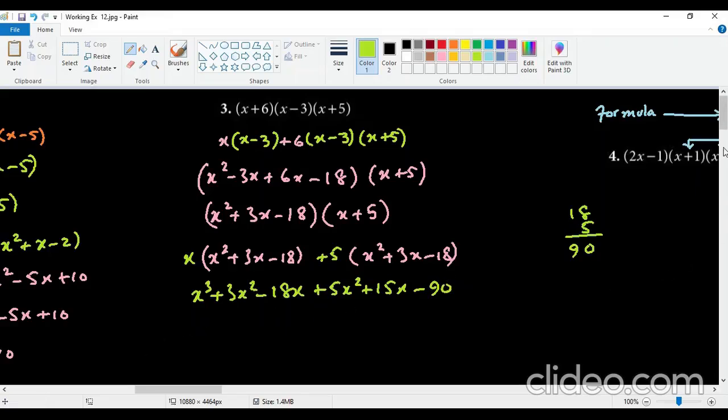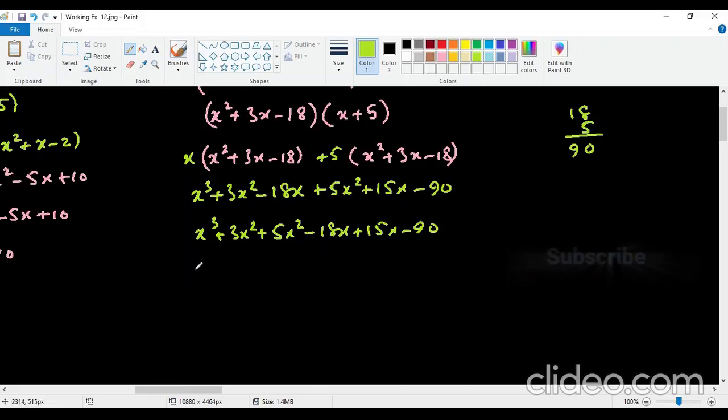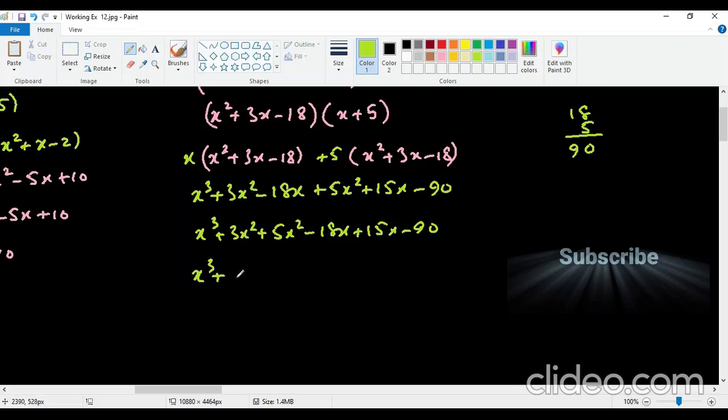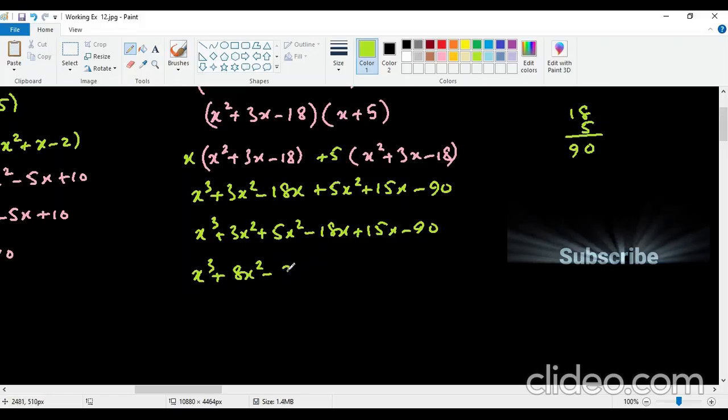Now further simplification, we'll keep like terms together. x cube plus 3x square plus 5x square minus 18x plus 15x minus 90. Now like terms are together, so we can simplify easily. 8x square minus 3x minus 90 is going to be your final answer.